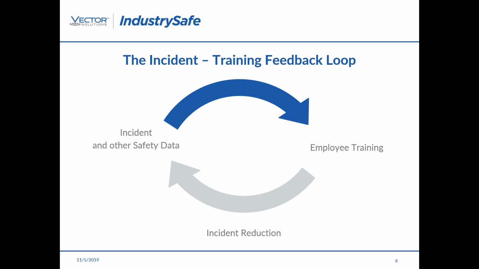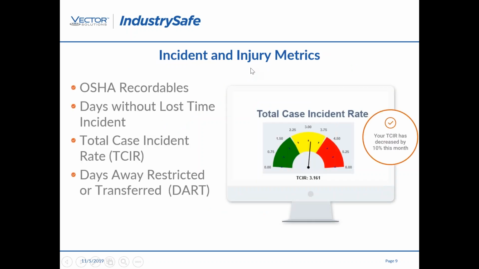And then based on that effective employee training, you hopefully have fewer incidents, and it's a beautiful feedback loop that anyone who has looked at any sort of ISO standard or any other standards out there is probably pretty familiar with. So that's the concept we're talking about here. It's not rocket science, but again, it's always a little bit harder to do in practice than in theory, and that's some of the practical things we're going to talk about today.